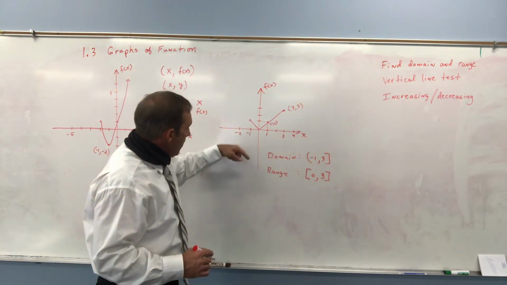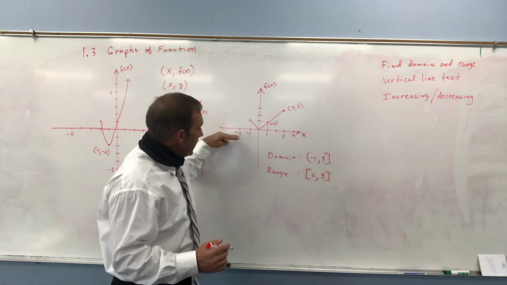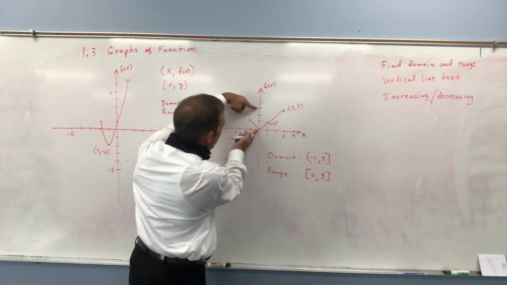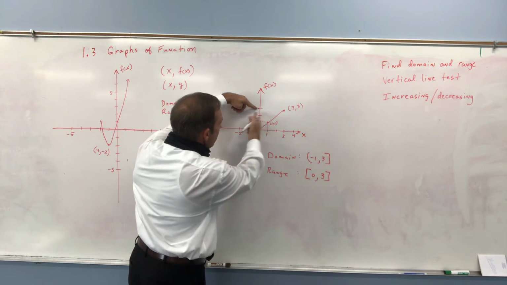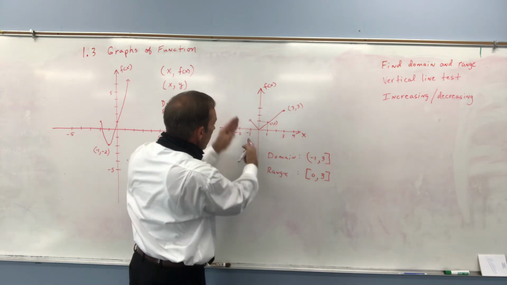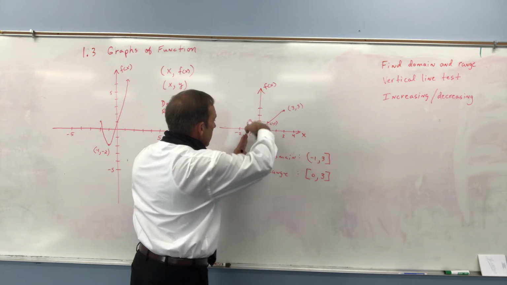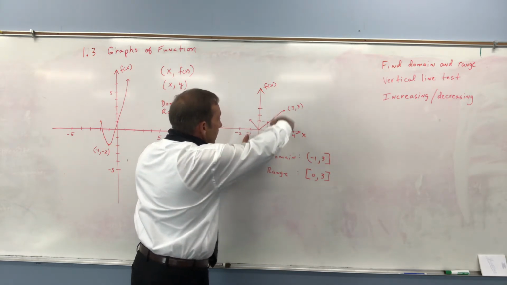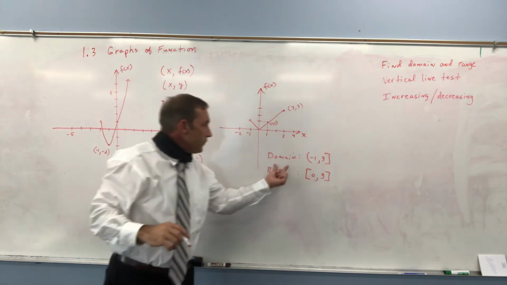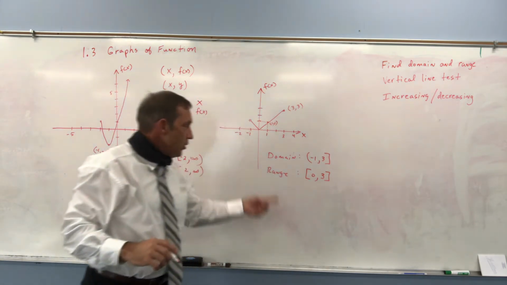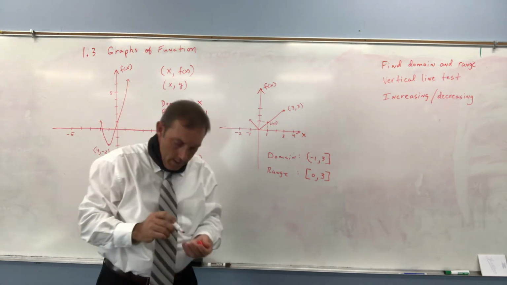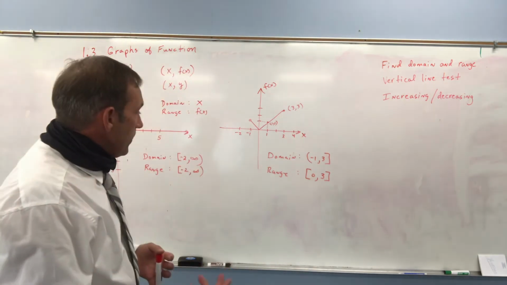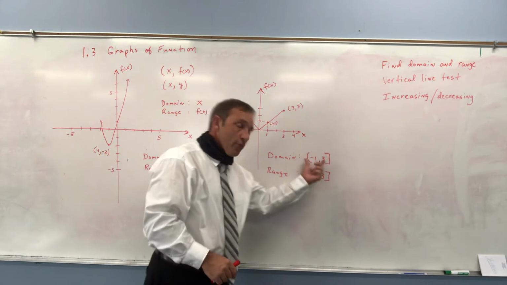If you were to draw a horizontal line down here at, say, -1, you're not going to hit that graph. It's only from 0 to 3 where you're going to have y values. It's only from -1 to 3, and not even including -1, the endpoint, that you're going to have x values. So this has to do with the domain and the range. Domain are the values that you can input into the function, and the range are going to be the values you get from those inputs.